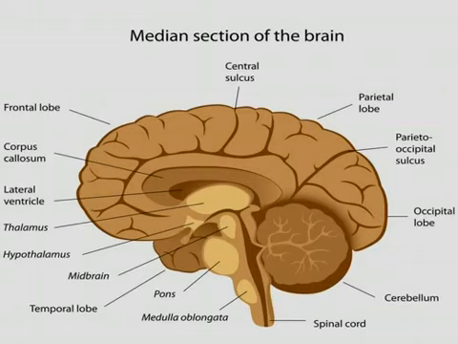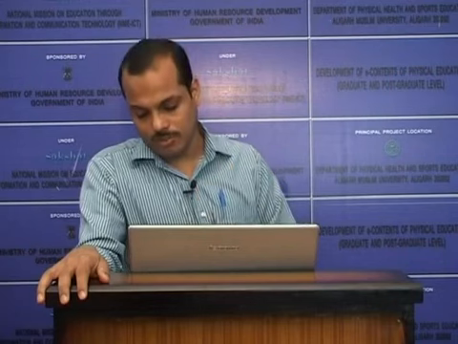The CSF passes from each lateral ventricle to the third ventricle through the interventricular foramina or foramen of Monro, and from the third ventricle to the fourth ventricle through the aqueduct of Sylvius. And from the fourth ventricle, CSF passes to the subarachnoid space.